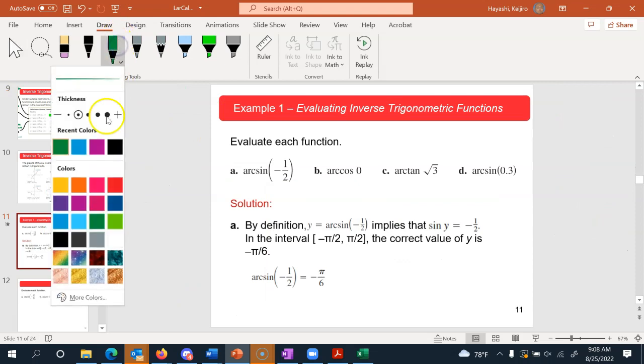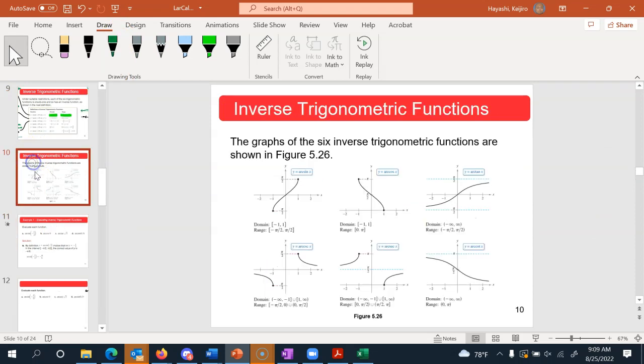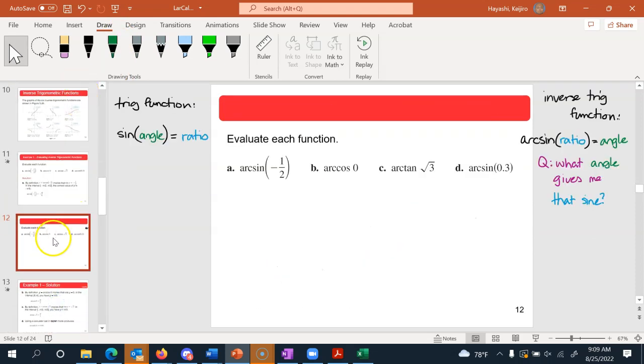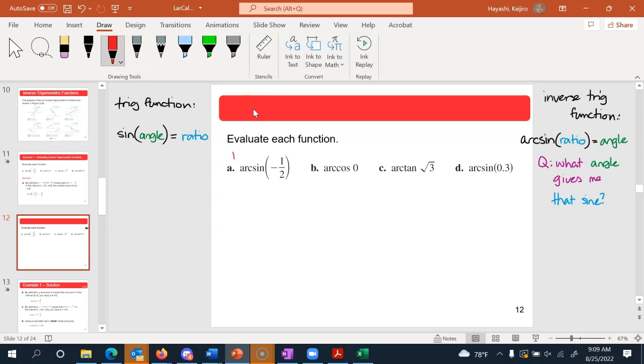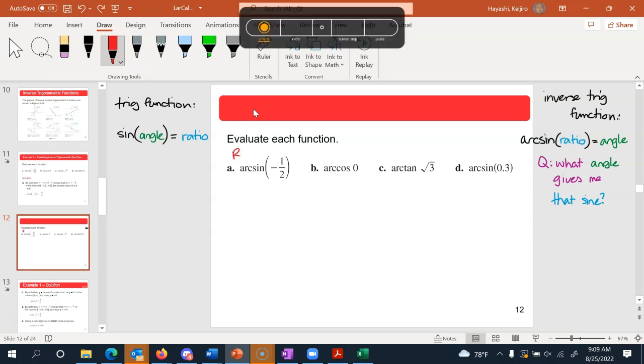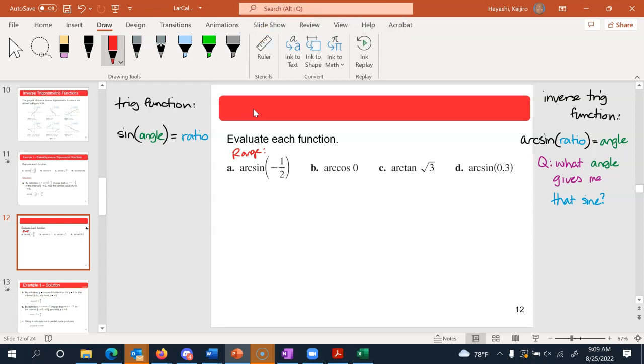So I'm just going to write a little note here that for arcsine, the range is negative pi over 2 to pi over 2.